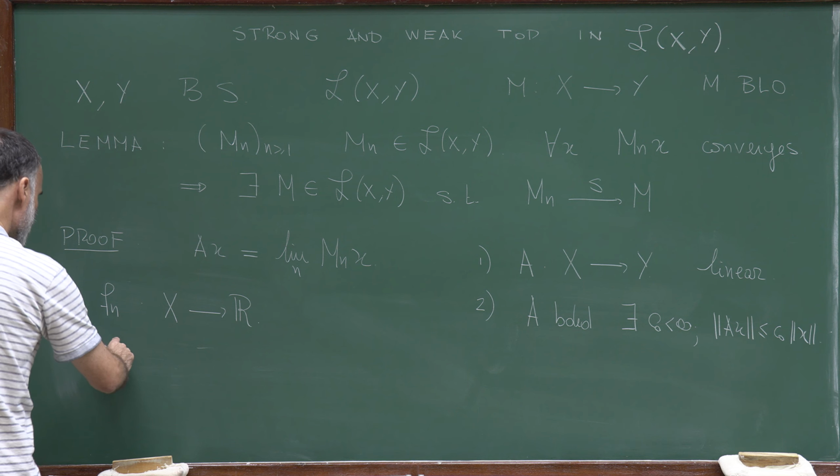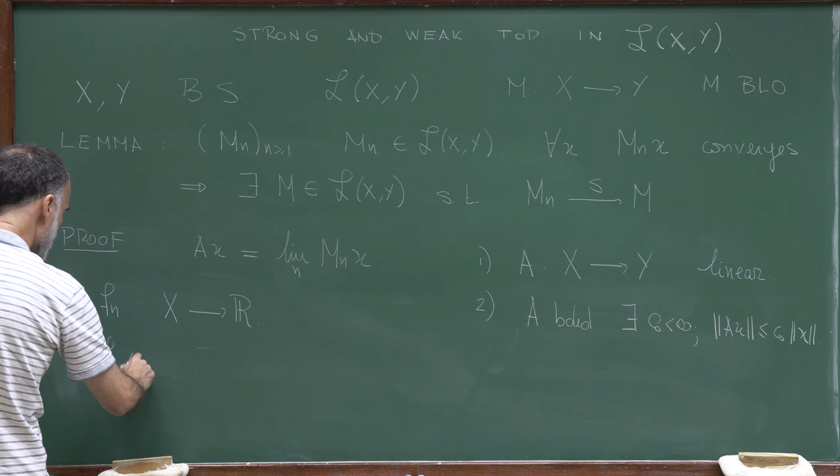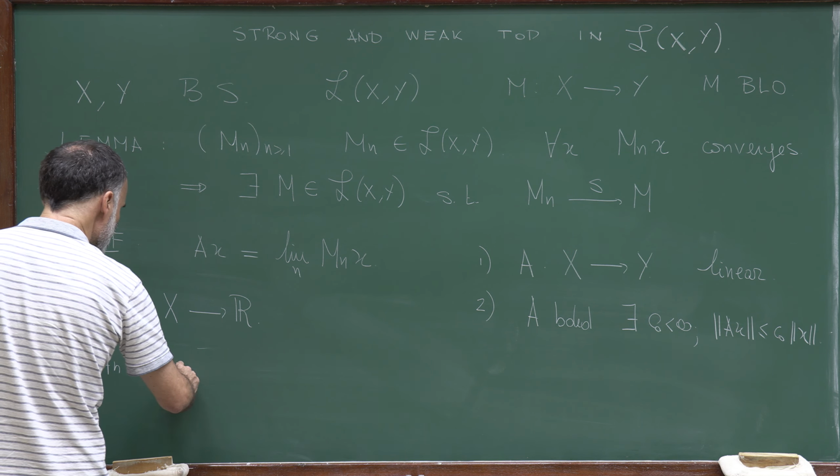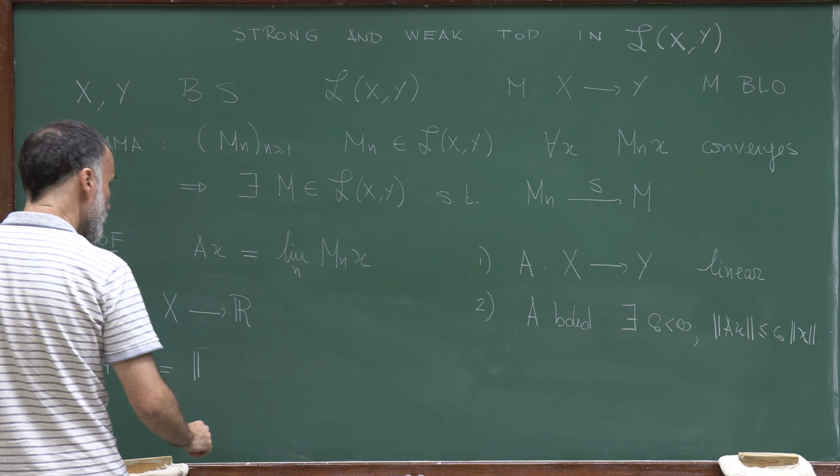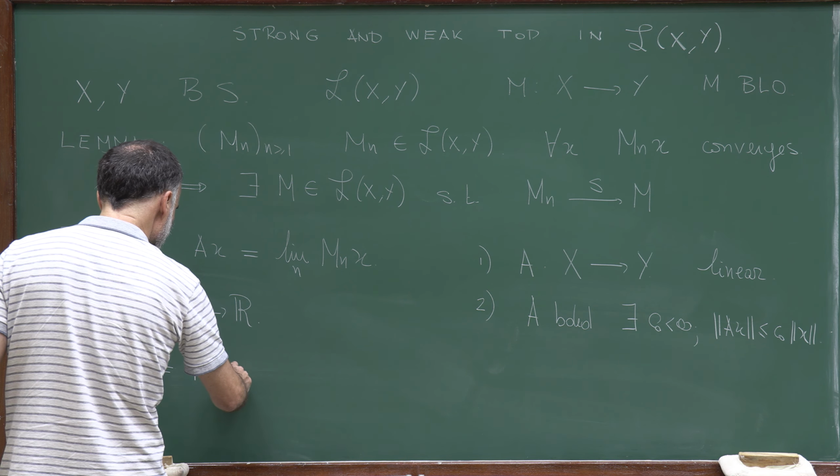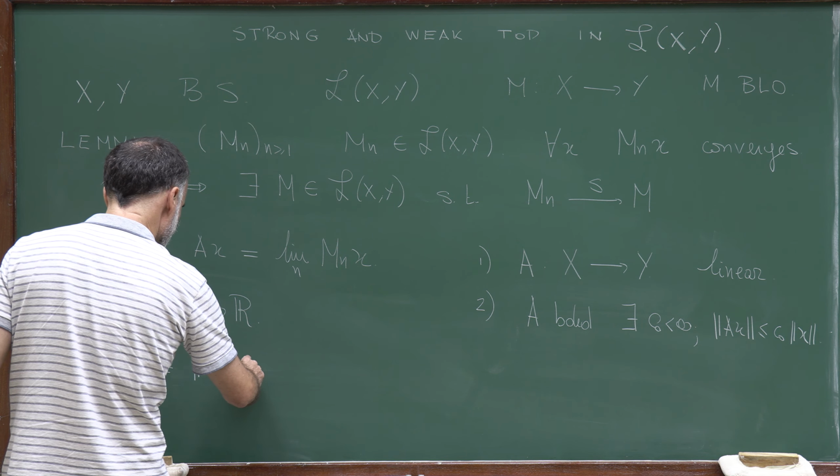So Fn of x would be equal to the norm of Mn x.